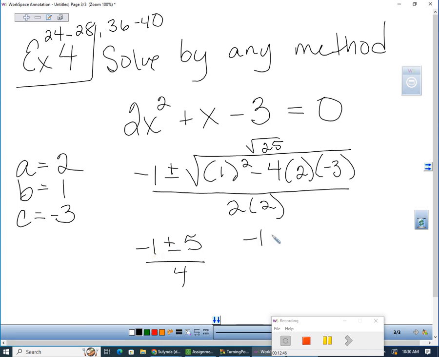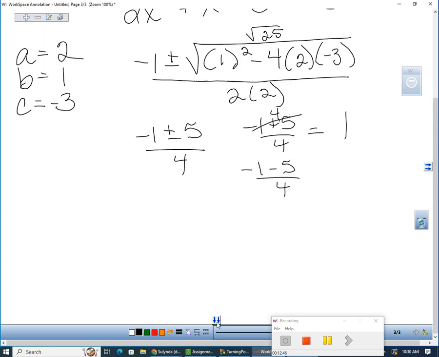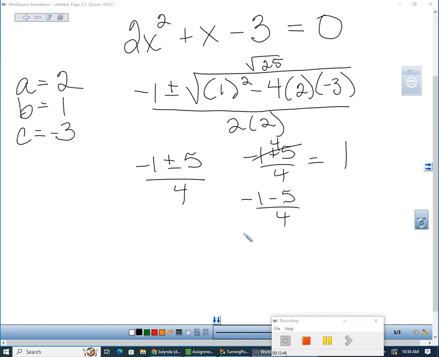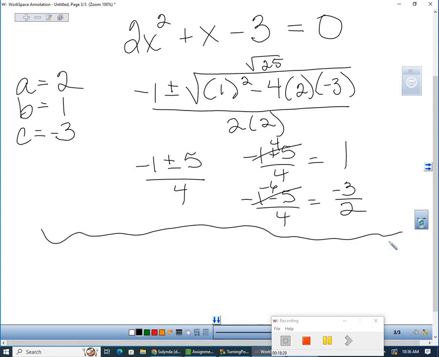So I have negative 1 plus 5 divided by 4, and negative 1 minus 5 divided by 4. Negative 1 plus 5 is 4. And negative 1 minus 5 is negative 6, divided by 4, negative 3 over 2, or negative 1.5.